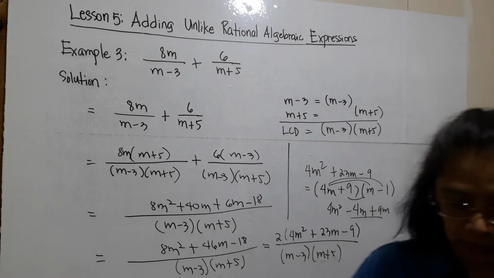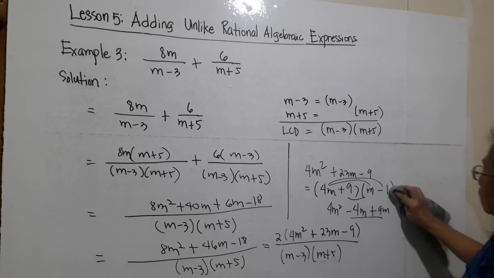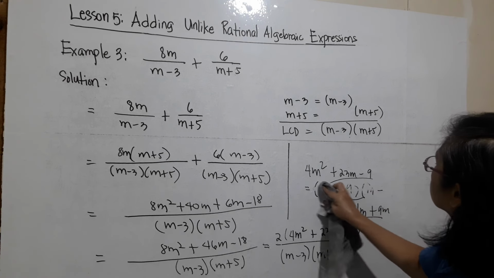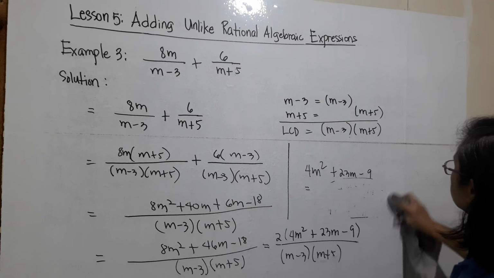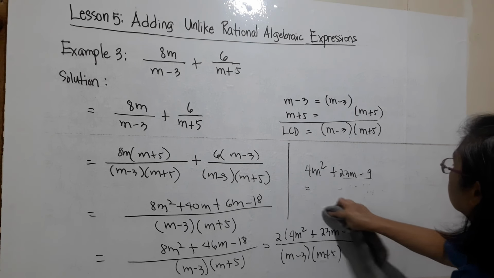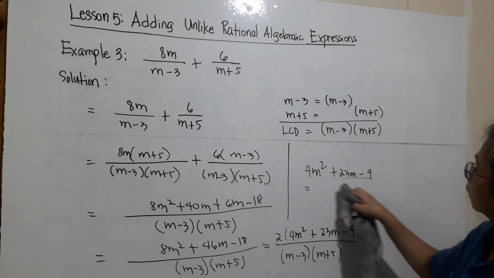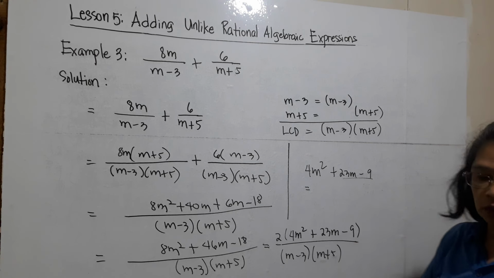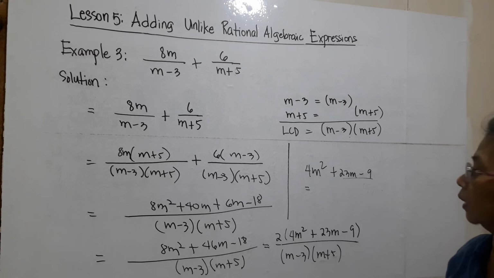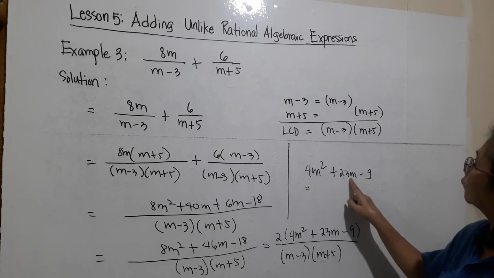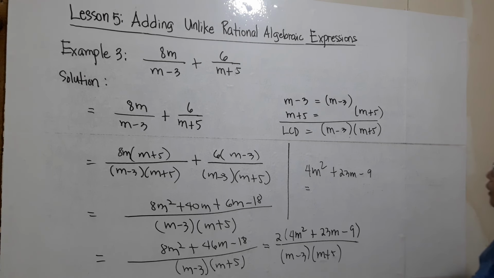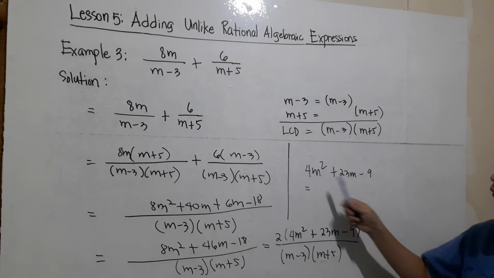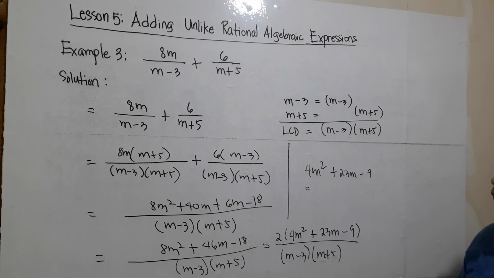So, another try. Another try to see if we will get correct factors of this trinomial. Even if the first and the third are perfect squares, if the middle term does not tally with the factors, that means the given trinomial is prime.